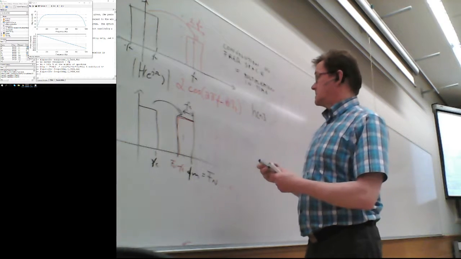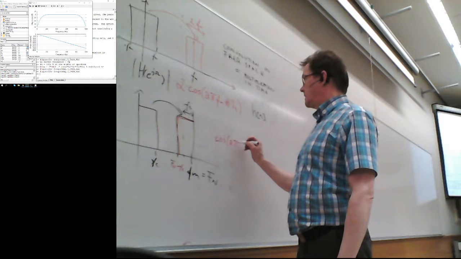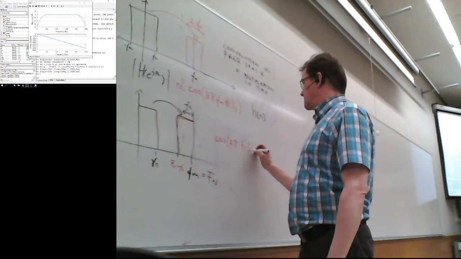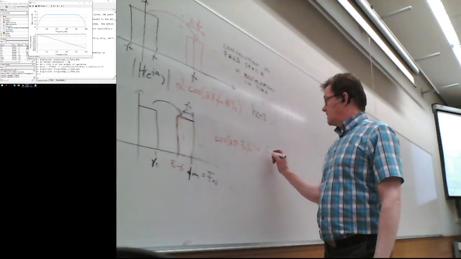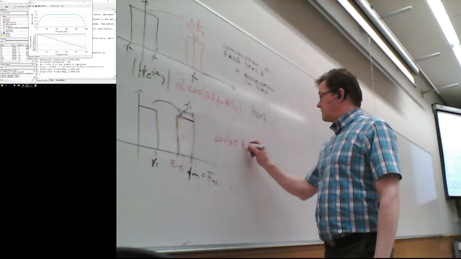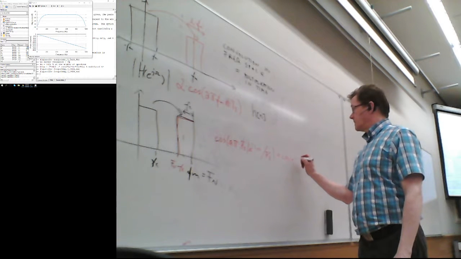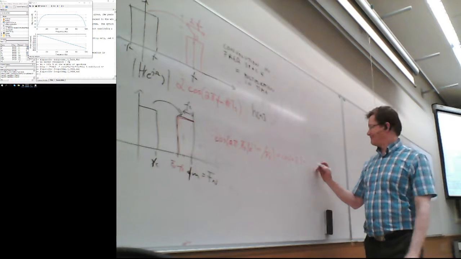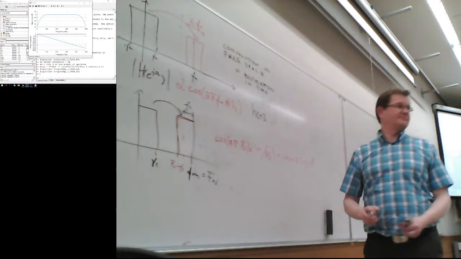But anyways, now we have cosine of 2 pi times the Nyquist rate, which is Fs over 2, times n divided by Fs. Okay, Fs cancels like that, which is cosine of n times pi, which is actually minus 1 to the power of n.